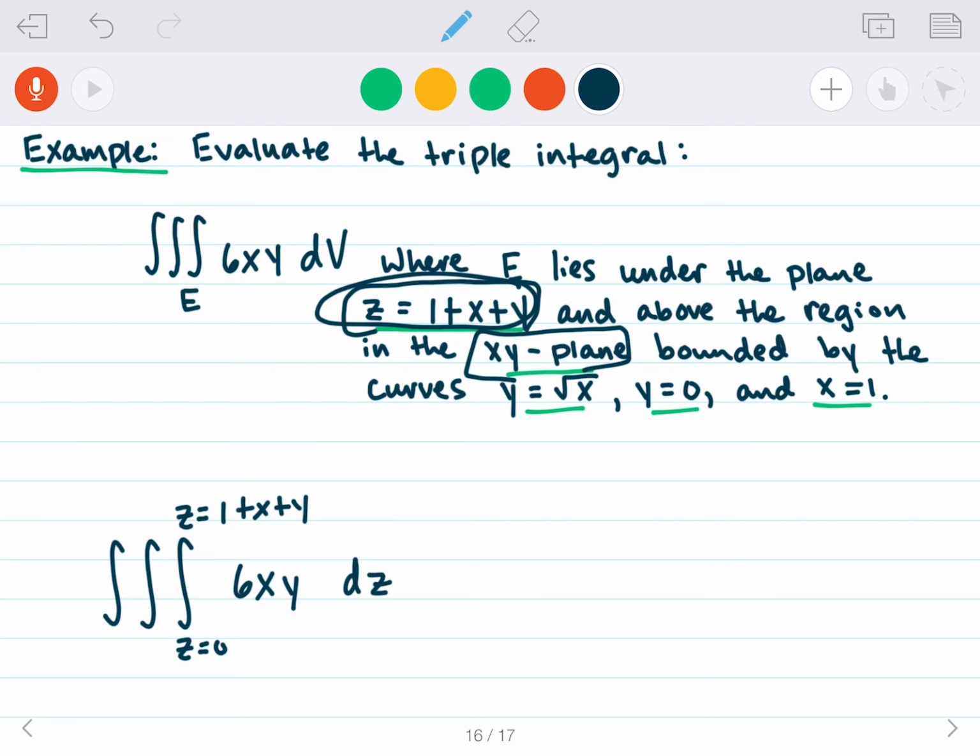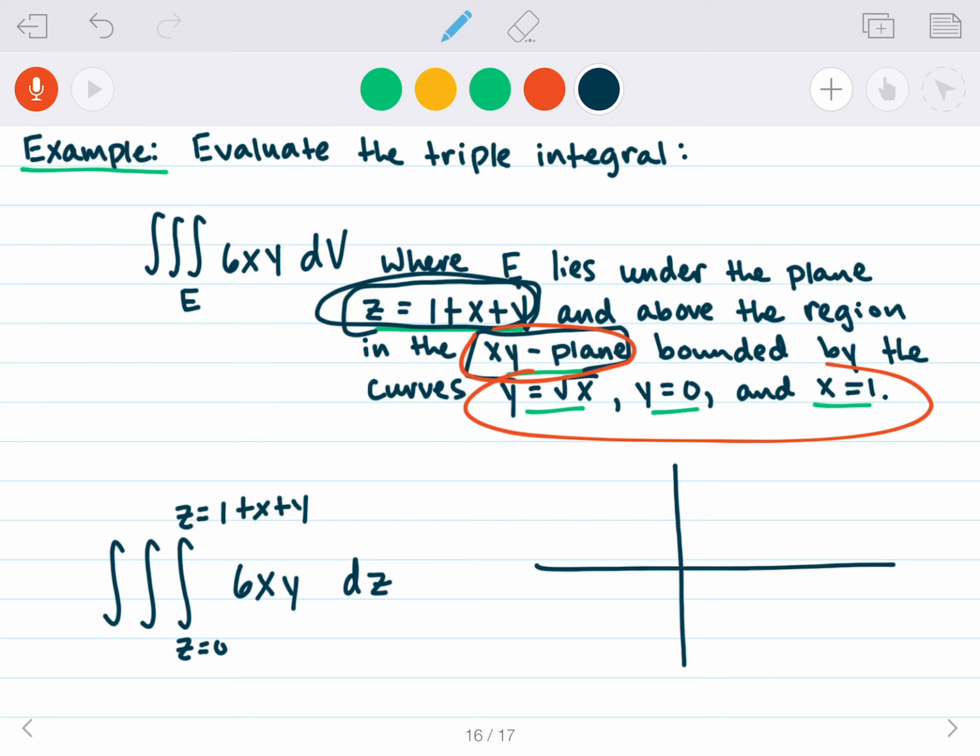And then for y, for the xy plane, we can sketch all of this stuff just to get an idea of what this is going to look like. Above the region in the xy plane, bounded by y equals radical x, y equals 0, and x equals 1. So here's x equals 1. Here is y equals 0.